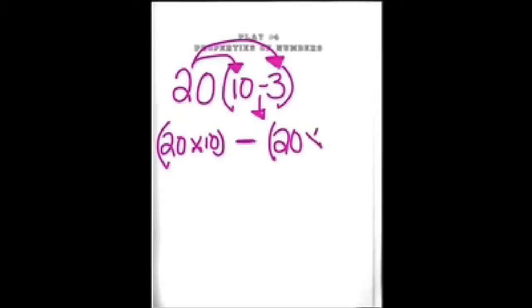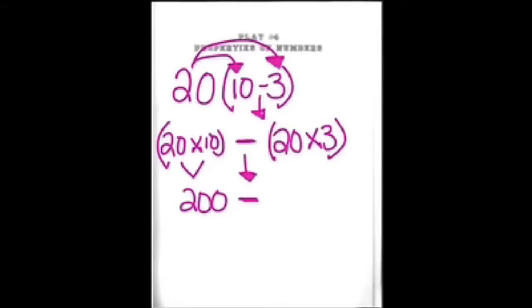So 20 times 10 minus, now we're going to keep that minus the same, and then 20 has to ask 3 too. So 20 times 3. 20 times 10 is 200, minus, keep the minus, always consistent, and then 20 times 3 is 60, and our final answer is 140.